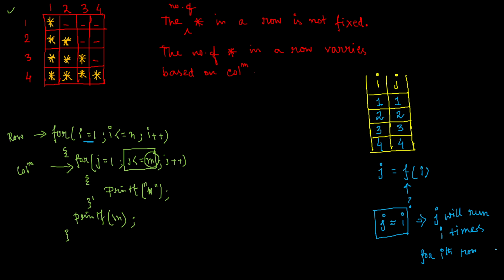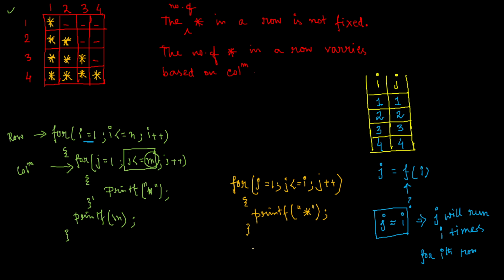For a particular value of i, since in general I am saying that the j loop will run i times, we will write the loop of j something like for j equal to 1, j less than or equal to i, j plus plus, and within this bracket I will print the star. Because this is what I require.